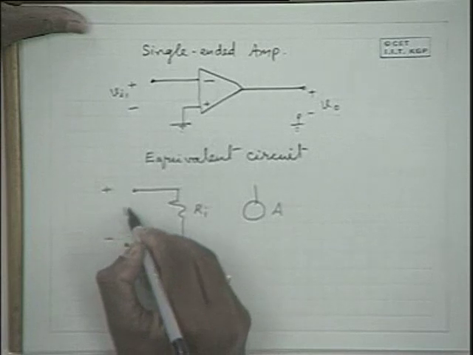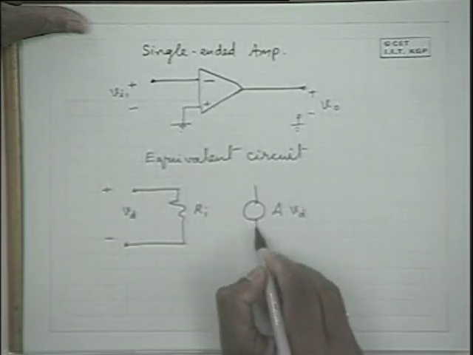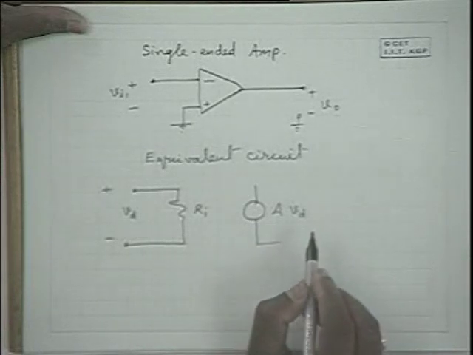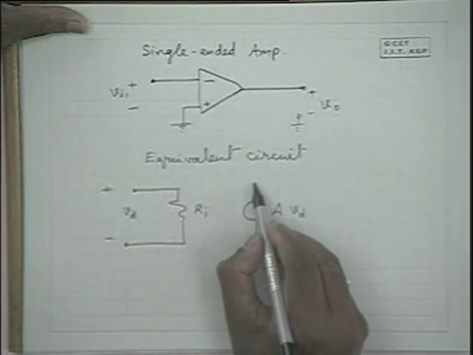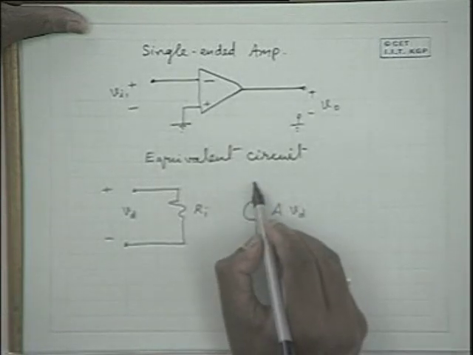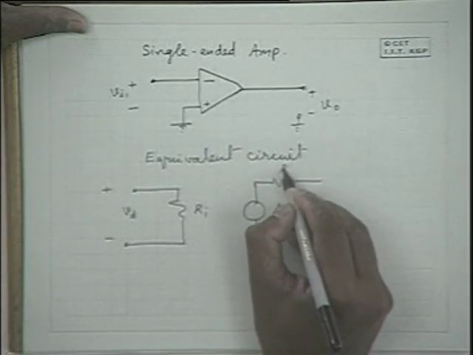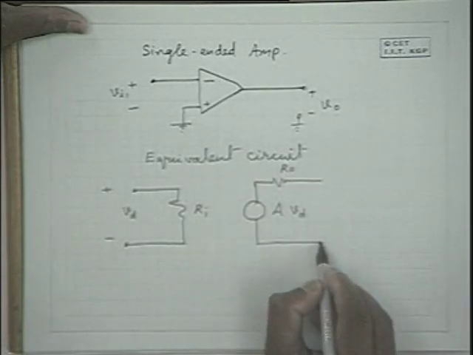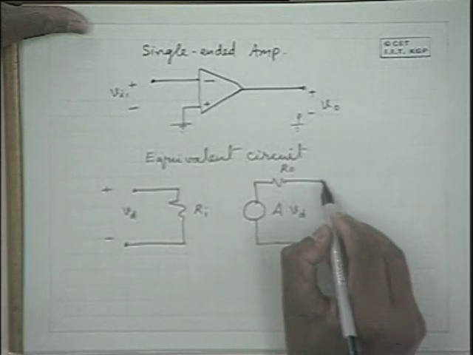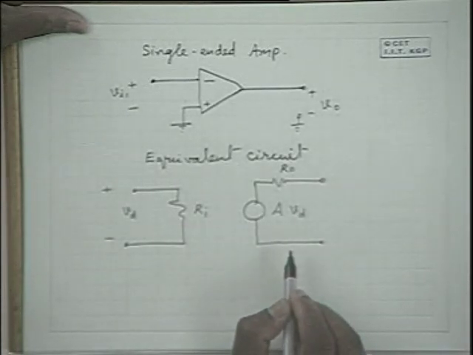If this is the difference signal Vd, this is A Vd, the output voltage, and the output voltage is not independent of load because it has some small output impedance. So the output side equivalent circuit is like this. So this is the equivalent circuit of an operational amplifier.